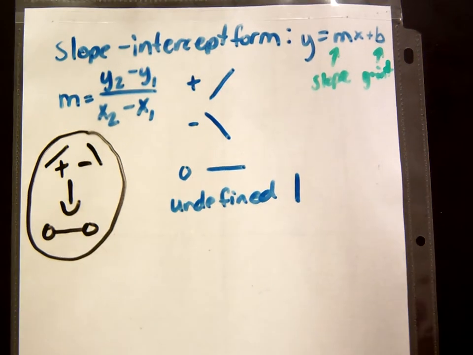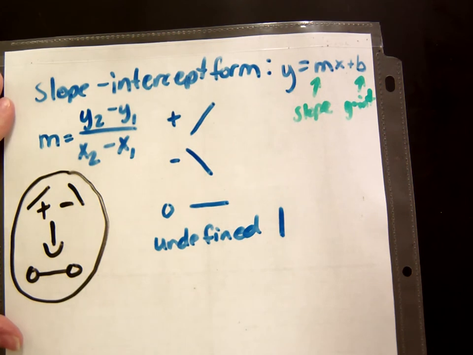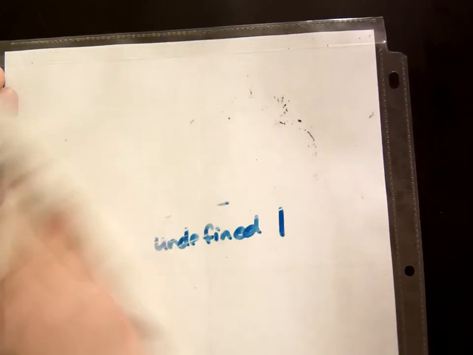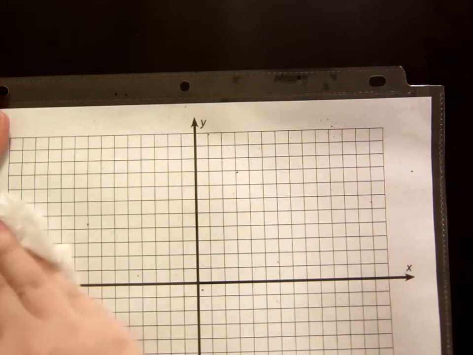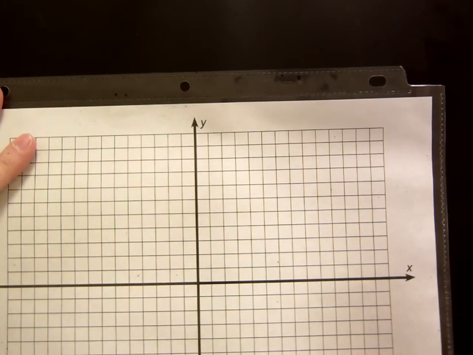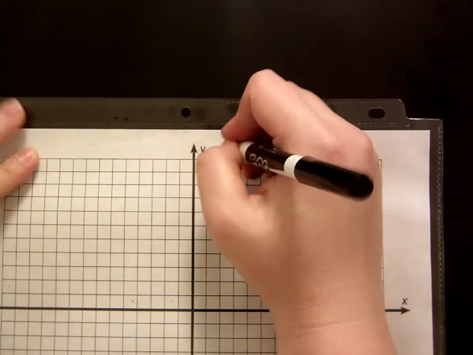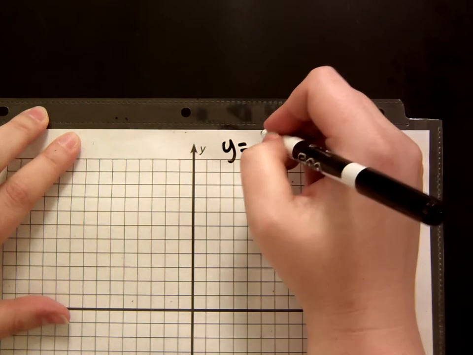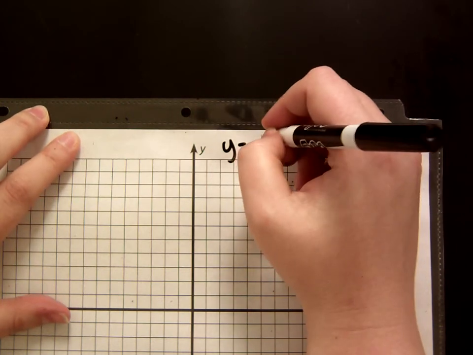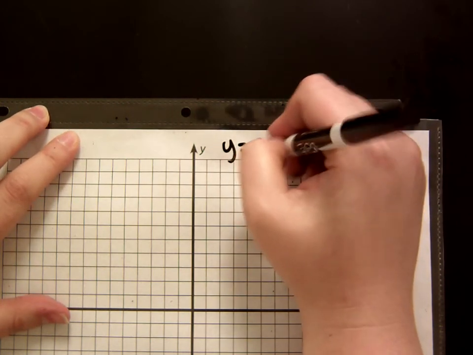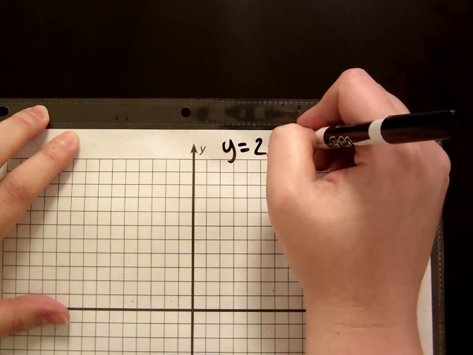Now you can also use the slope-intercept form when you go to graph something. So let me flip over my paper to the graph side and let's take a look at an example. So let's say I had y equals 2x minus 3.